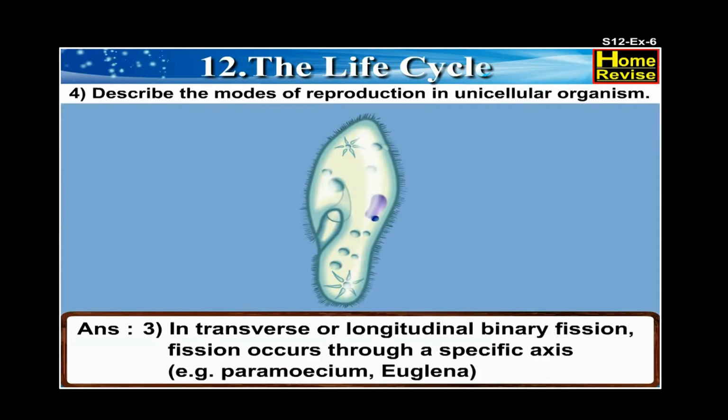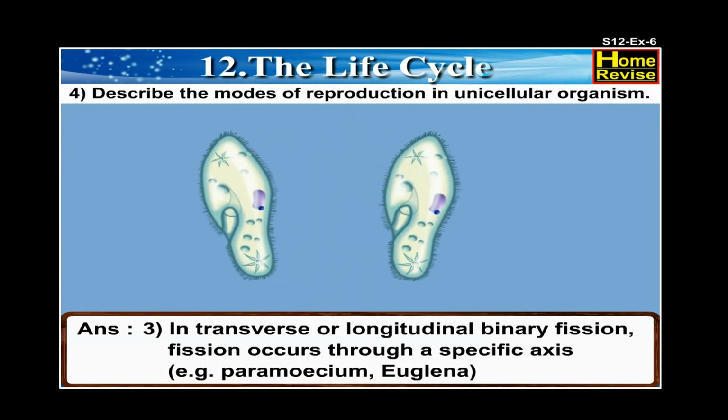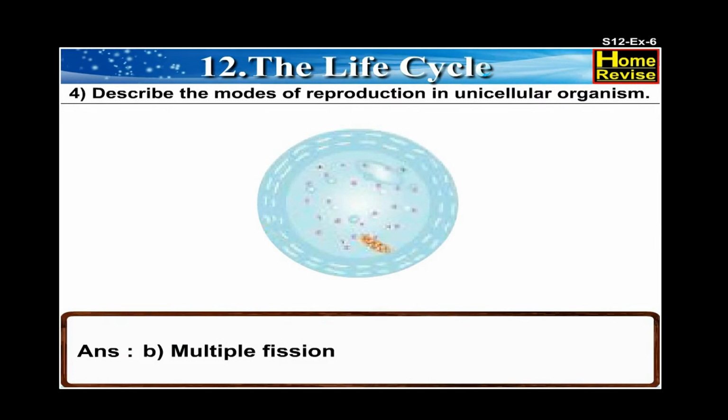In transverse or longitudinal binary fission, fission occurs through a specific axis, for example in paramecium or euglena. B. Multiple fission.